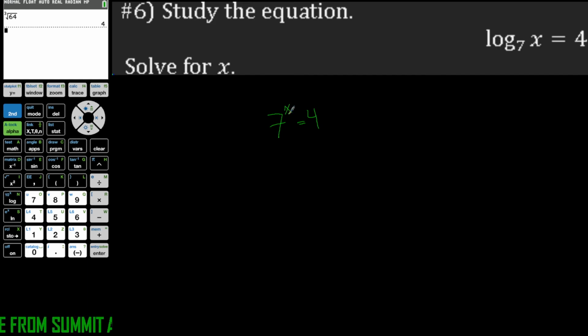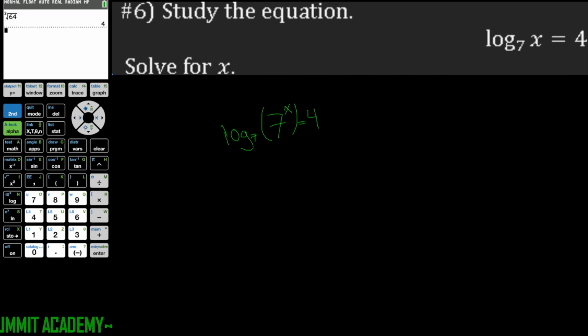So you're saying, okay, what power is this going to be? So the way I can set it up is like this. I can say, all right, I can take log base 7 of both sides.